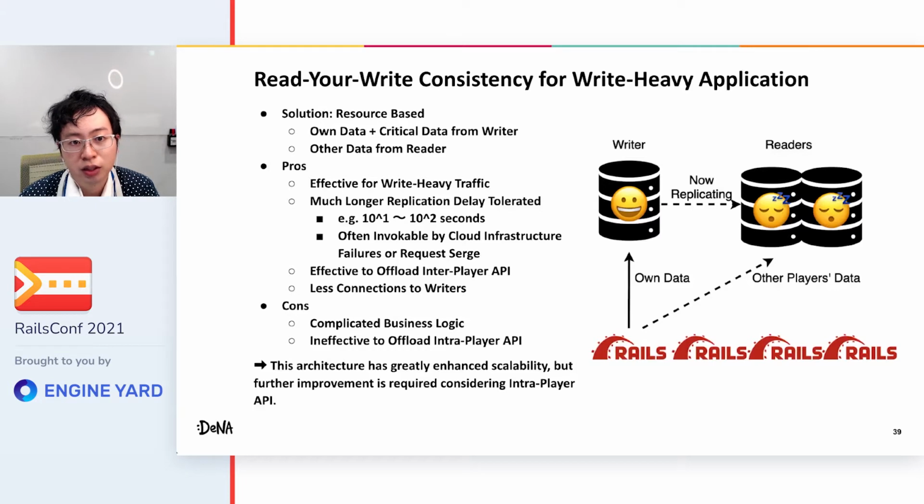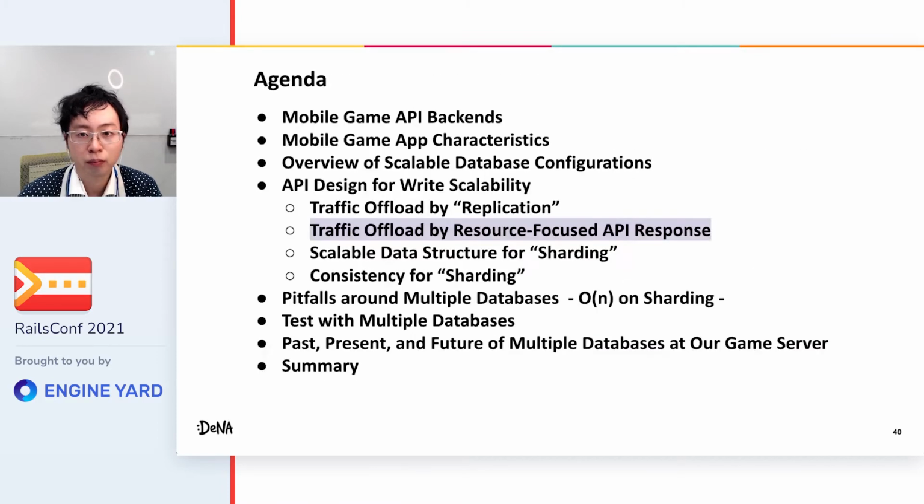In other words, this architecture has greatly enhanced scalability, but further improvement is required considering the intra-player API. Okay, now we will take a look at traffic offload by resource-focused API design.